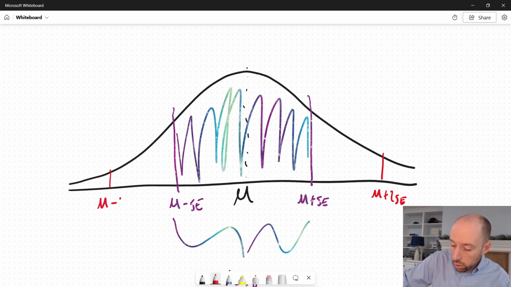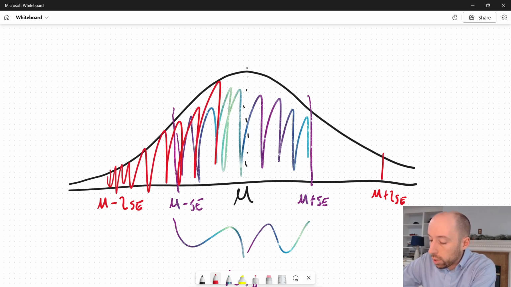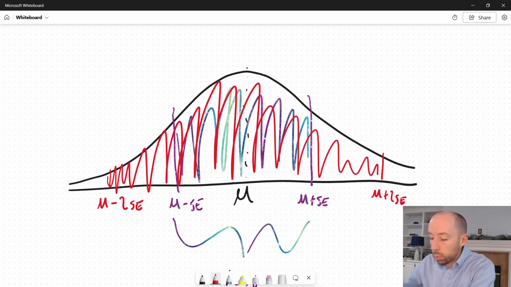Mu minus 2 standard errors. 95.4% of the time, the sample average is going to be within 2 standard errors of the true population average. So 95.4% of the time, the sample average is going to fall into this range. This story puts bounds on how far the sample average can be from the population average.